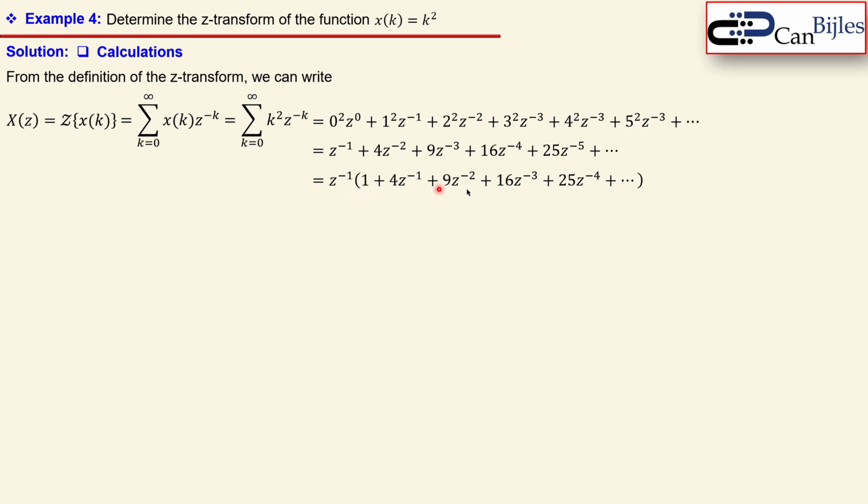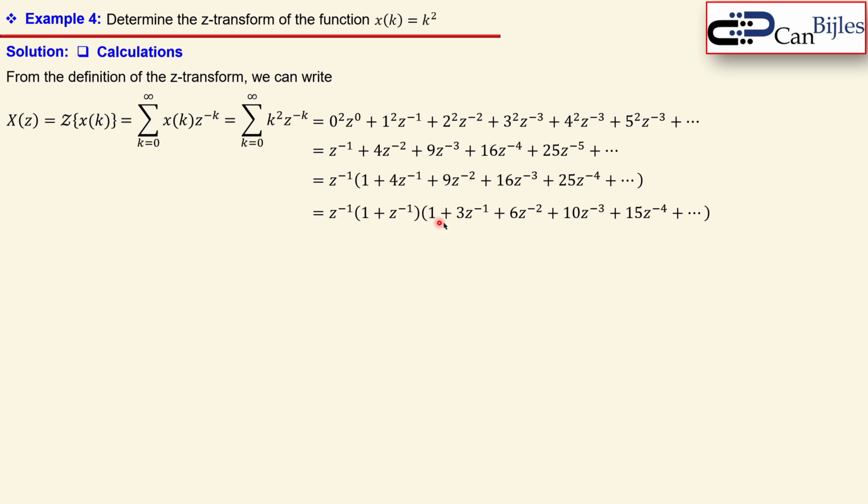We can recognize here something that can be helpful later. That's shown here. The z to the power minus 1 can stay here, and we can have this 1 minus z to the power minus 1, and then this part also times that one. You may not recognize that easily, but you need to do the long division here, and then you can create this. So what do we do now?